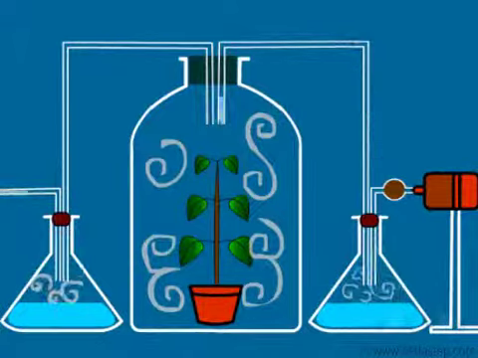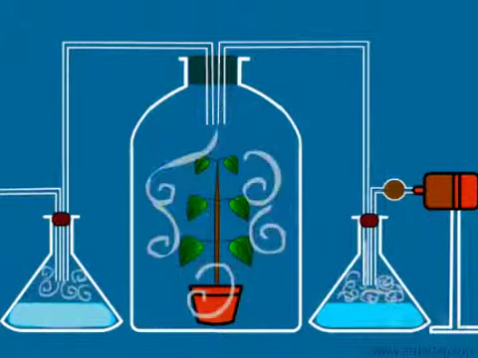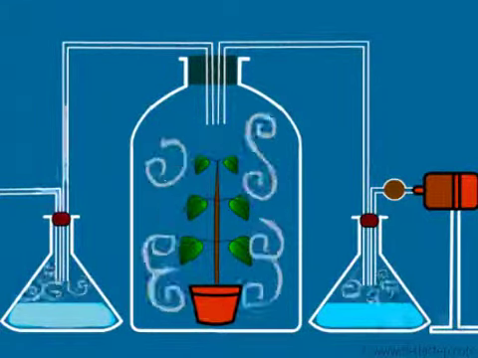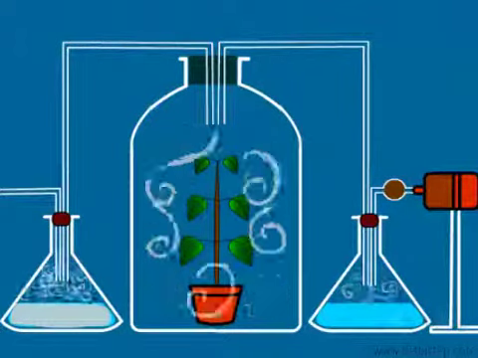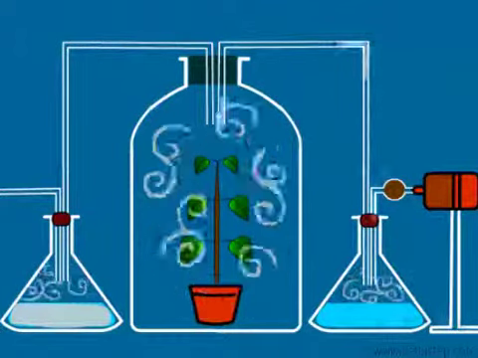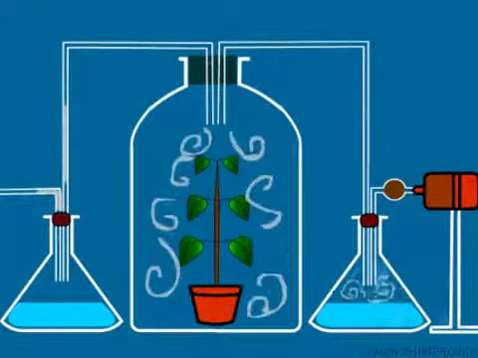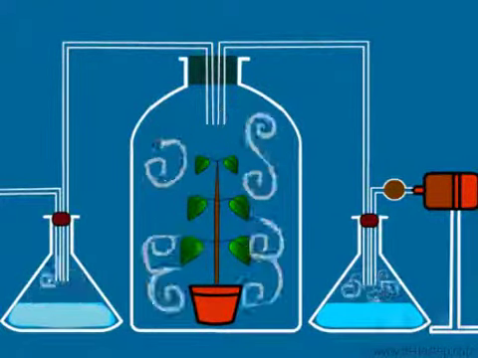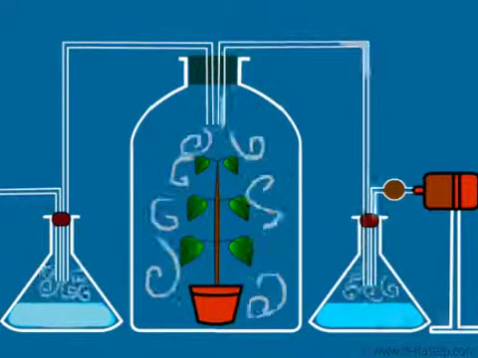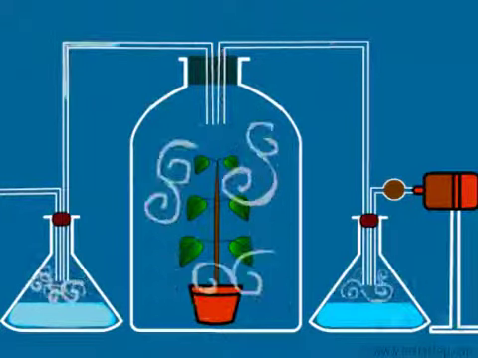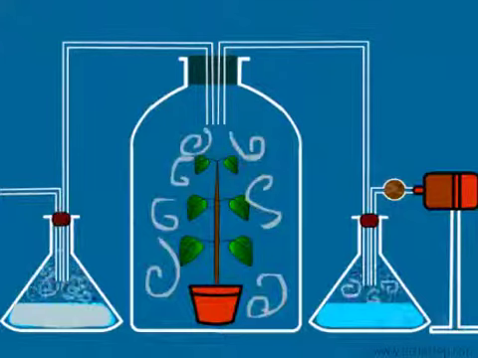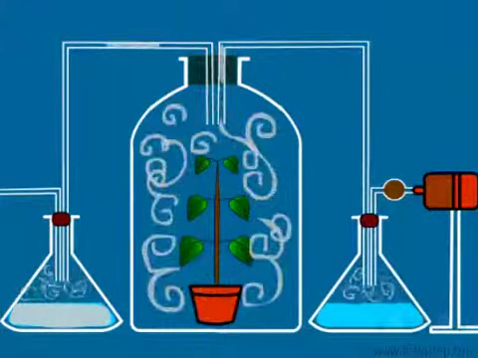We supplied oxygen-rich and carbon dioxide-free air to a plant. Because of oxygen, the plant is able to respire. During respiration, the plant gives out carbon dioxide, which is confirmed as the lime water turns milky.